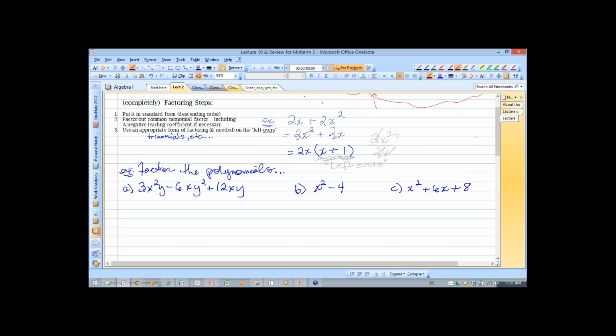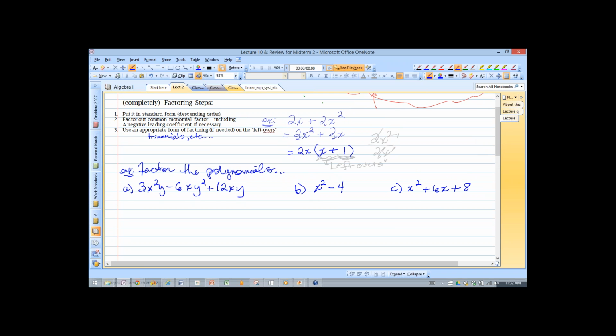We'll assume x is going to be the variable when there's an x and a y. When it says x, y in the problem, or a, b, or something to that effect, it's probably going to be okay for you. You don't have to start putting it in any different order yet. So hint, hint, on these problems you can go to number 2.